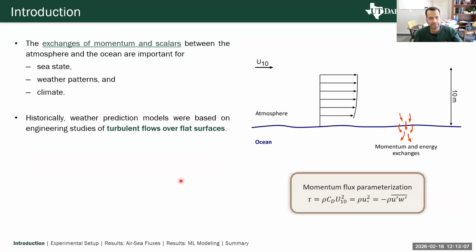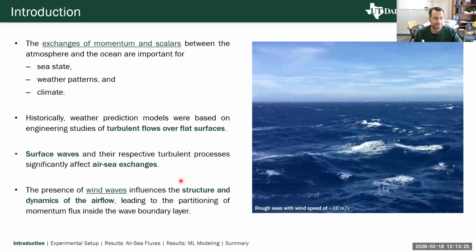Historically, many of the rules inside these forecasting models were built from studies of airflow over flat surfaces, like wind over a smooth plate. That's a great starting point, but we all know that the ocean is not flat. It's moving and it is wavy, right?